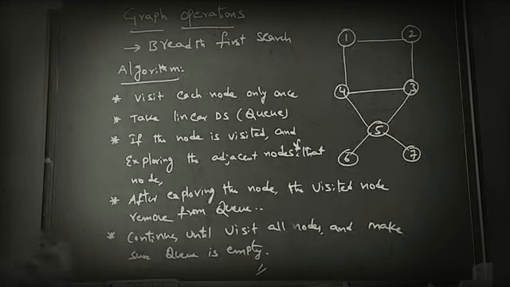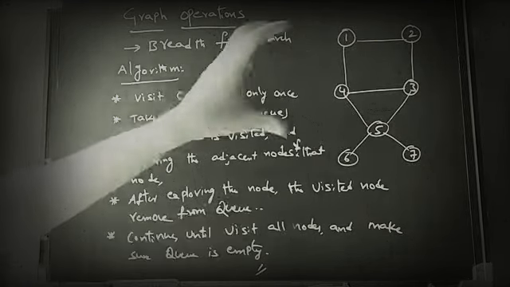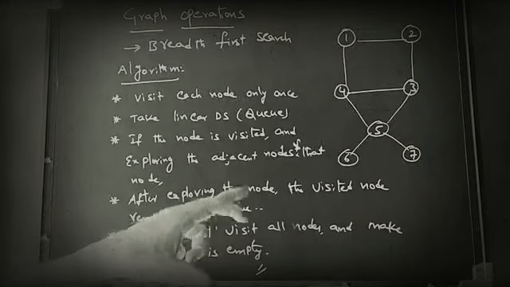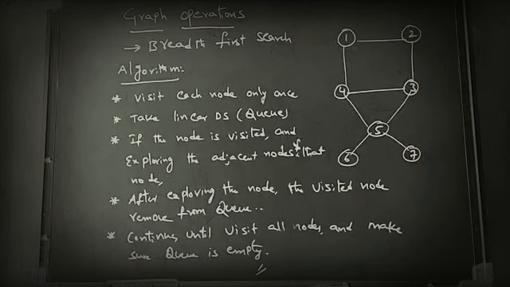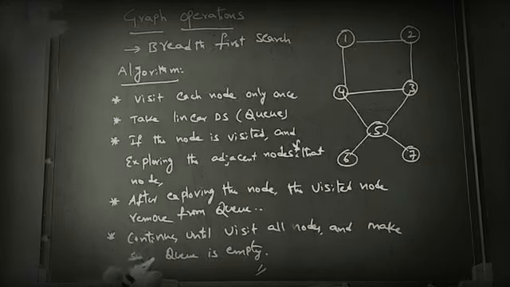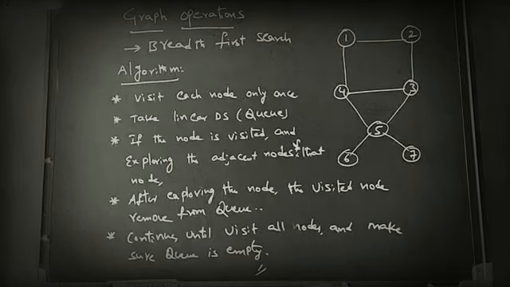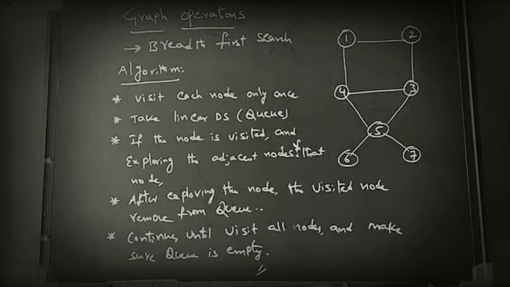After exploring, when 1 has explored 2 and 4, the visited node is removed from the queue. This process continues to visit all the nodes, and make sure the queue is empty. This is the general procedure. Now we are going to see with an example how to search every node in the graph.